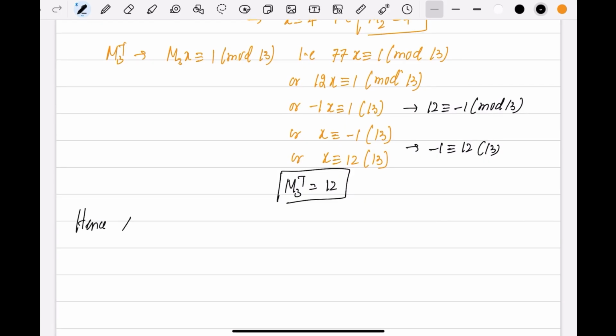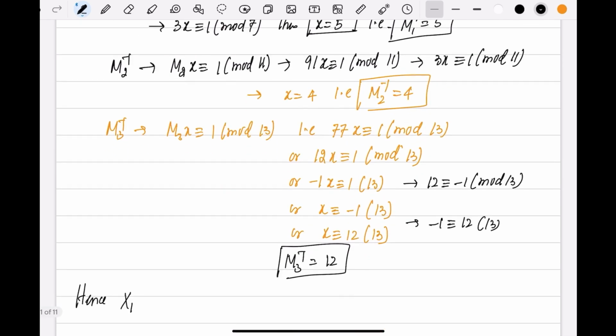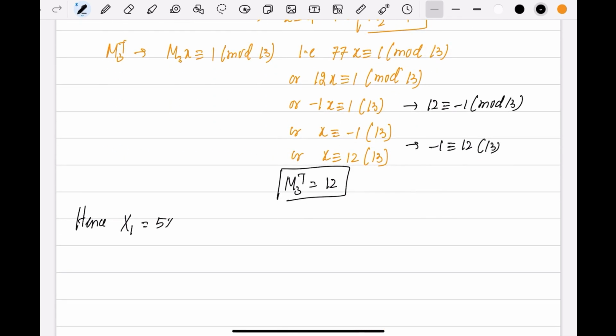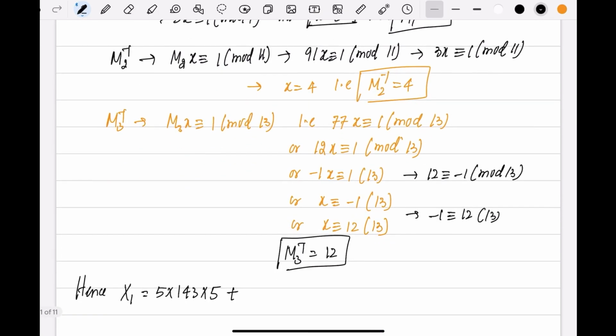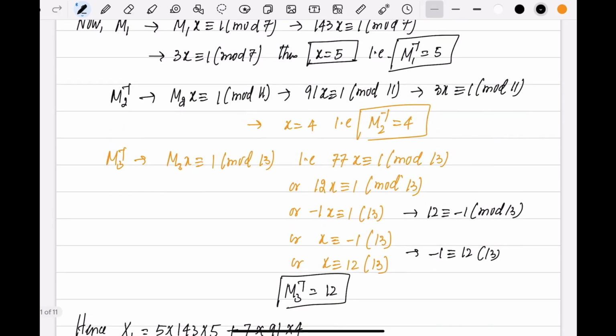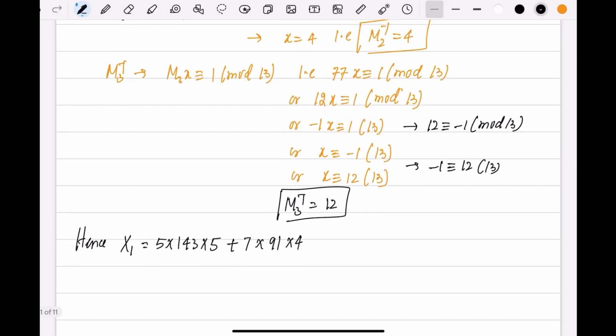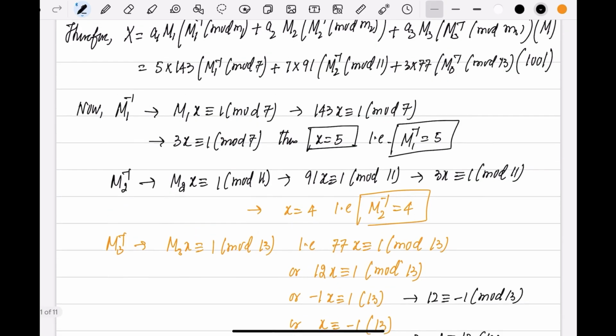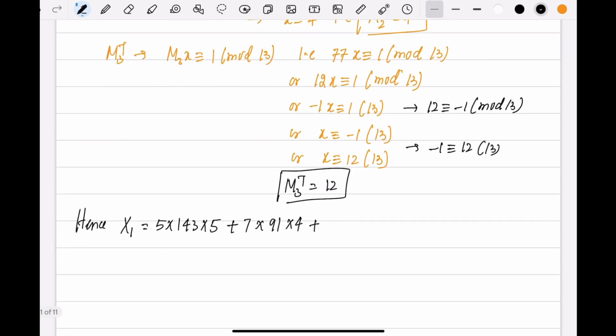So hence our solution is x equal to 5 into 143 into m1 inverse, that was 5, then plus 7 into 91 into m2 inverse, that was 4, then plus 3 into 77 into 12.